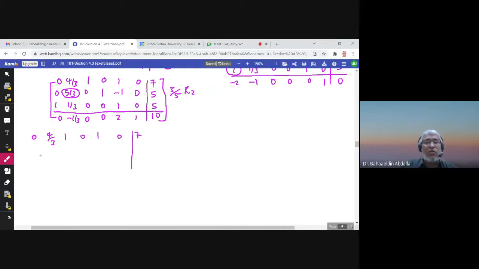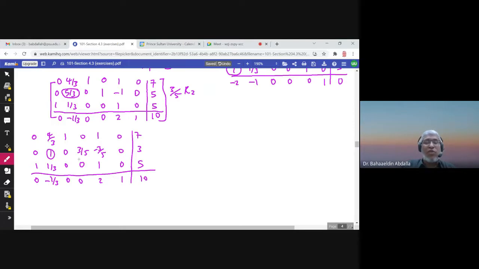The second row, 0, 1, and this is the pivot entry, 0, 3 over 5, negative 3 over 5, 0, and 5 times 3 over 5 is just 3. The third row as it is, and the last row, the objective row, as it is.